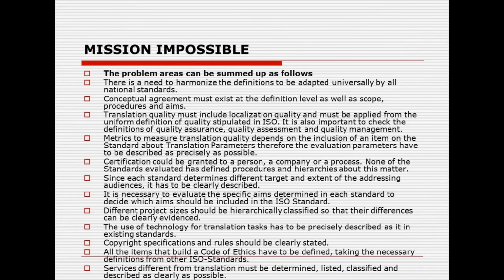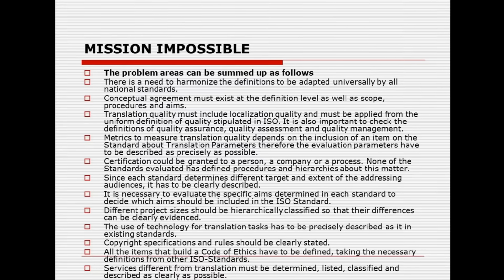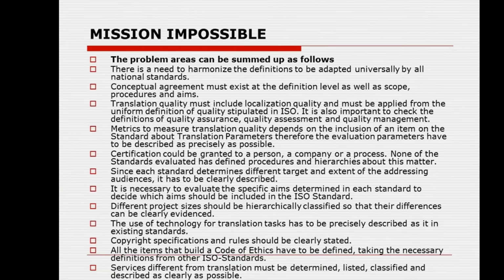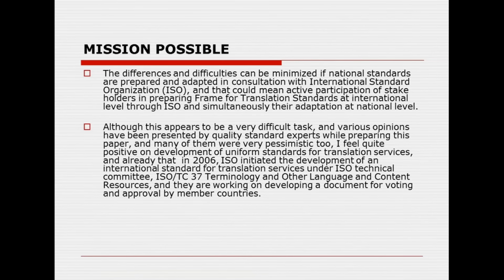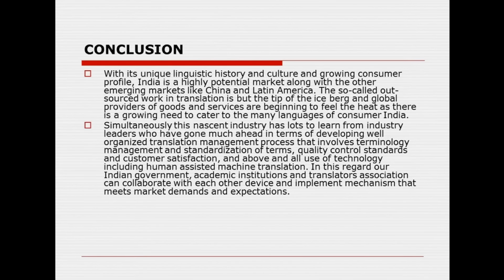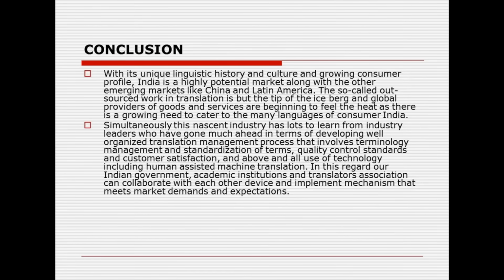When there are different methods, different ethics, different standards, and different angles of seeing quality, it almost becomes impossible to think about a standardized process. As I told you, ISO has already worked, so now it is already mission possible. So with this, I would like to conclude.